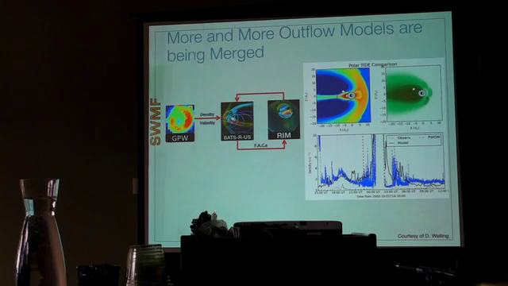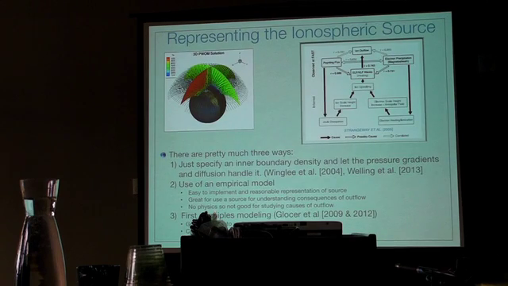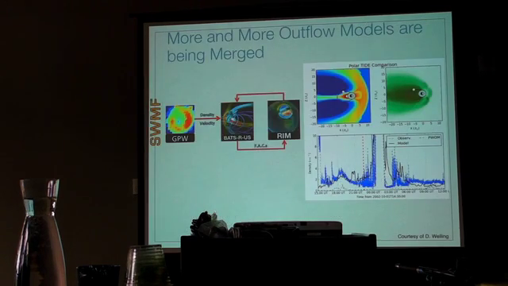I showed references to my papers for including first principles as an outflow specification. There are some new results from the GEM focus group looking at ionospheric outflow. This is coupling the Utah State general polar wind model, which I'll talk about more later.